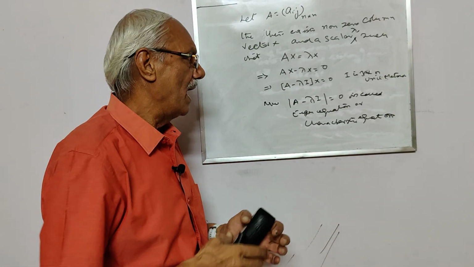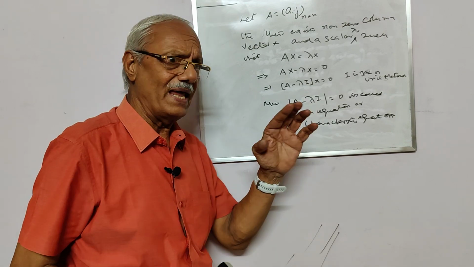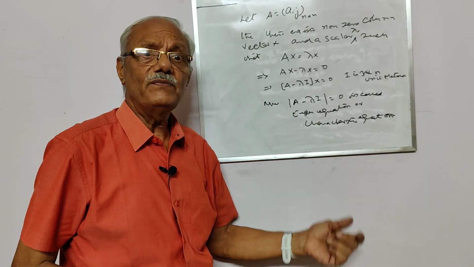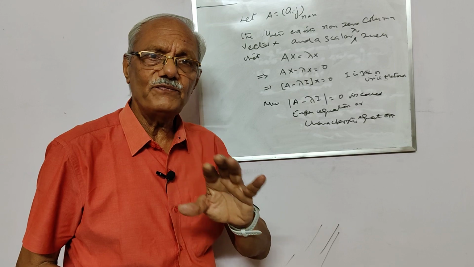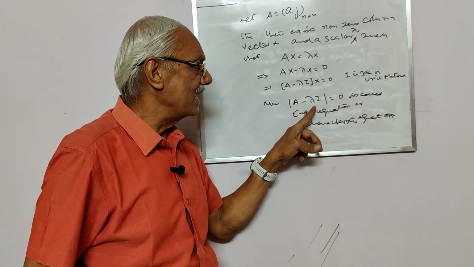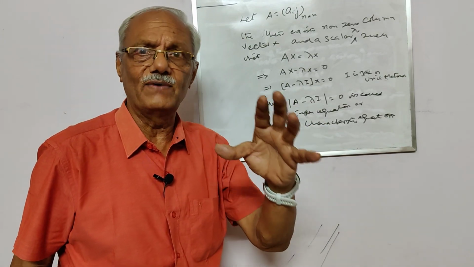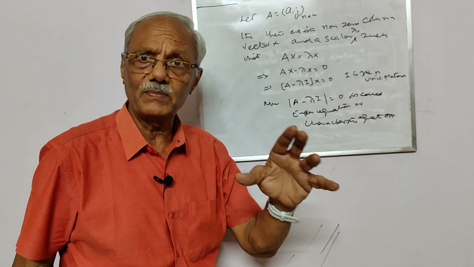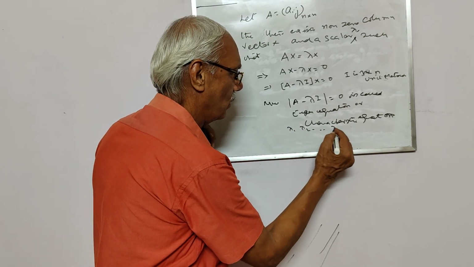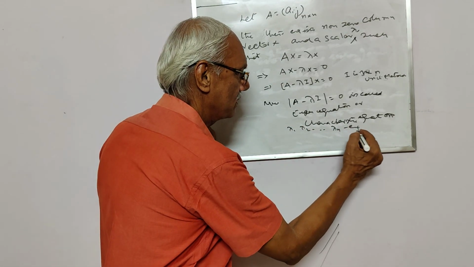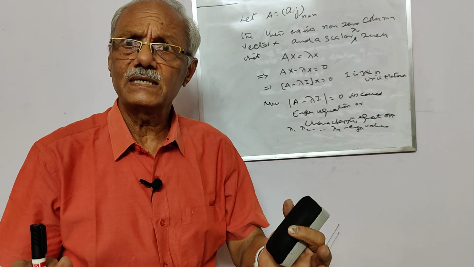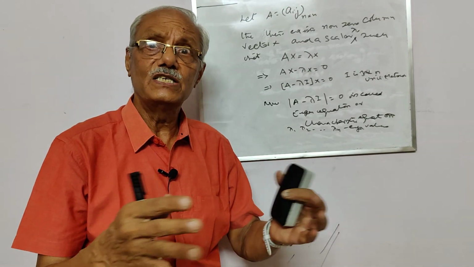The values of lambda that we get in solving this equation are what we need. Since A is an n cross n matrix, we will find that there will be n eigenvalues: lambda 1, lambda 2, lambda 3 up to lambda n. And all of them need not be distinct. They can be different, zeros, and something like that.